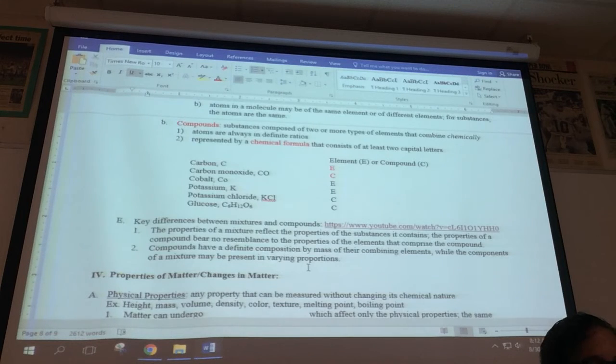Elements and compounds. If you have a single type of atom, you have an element. If you have two different types of atoms that combine chemically, you have a compound. When things combine physically, you have a mixture. You've just mixed them together the way you saw it in the videotape.